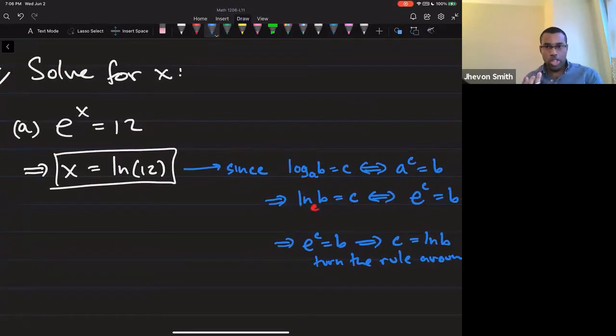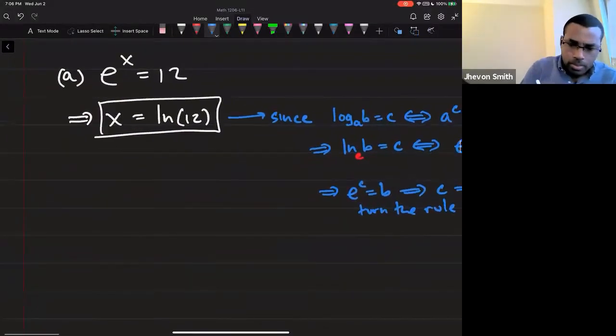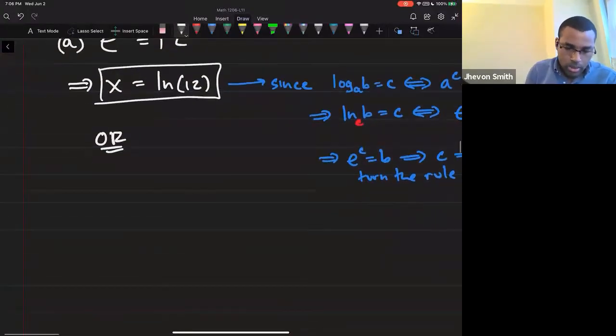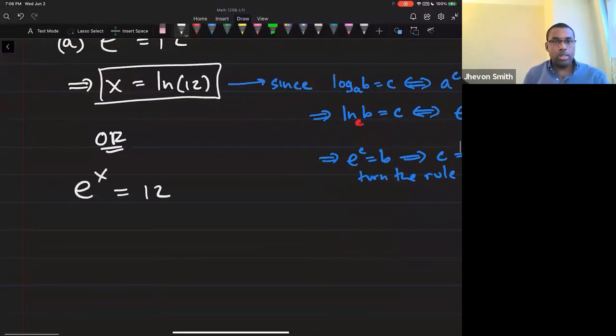So there's another way I want to show you guys to do this, which highlights a very important technique. It's still not going to be much longer, but I just want to show you. Remember we had that rule that exponentials and logs are inverses of each other, so you can use one to cancel the other one out.